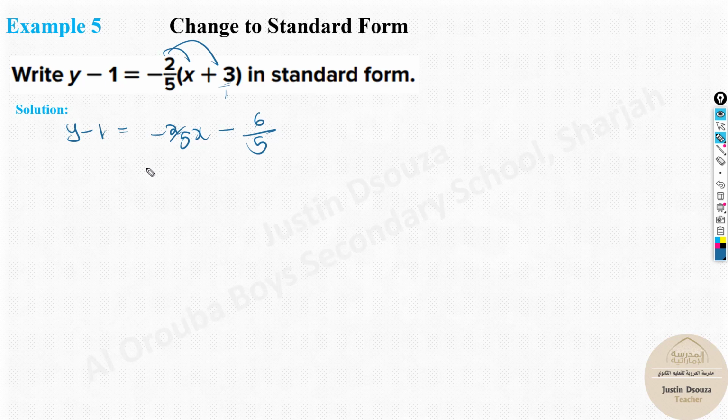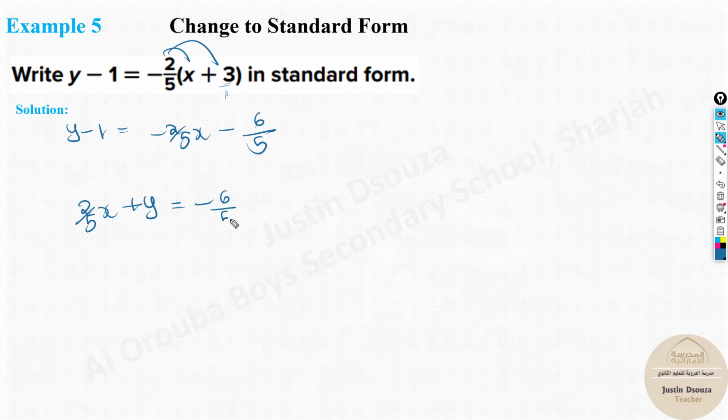Now what next? Standard form, right? What do you need? You need x and y, and numbers to one side. So what I'll do is I'll just take this to the other side, okay? Minus 2 by 3, minus 2 by 5. So it will become positive 2 by 5x plus y equals this minus 1. I'll take it to the other side.